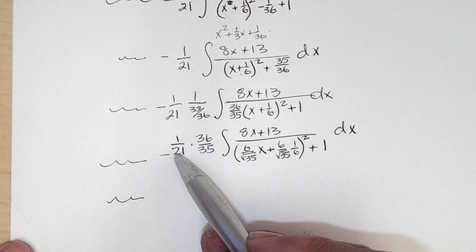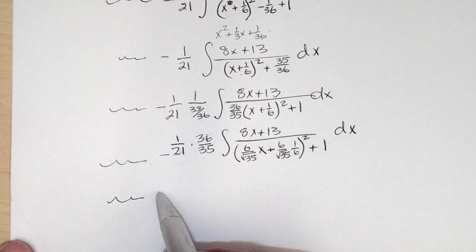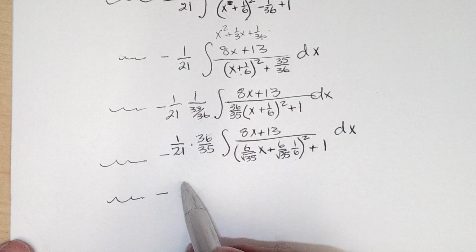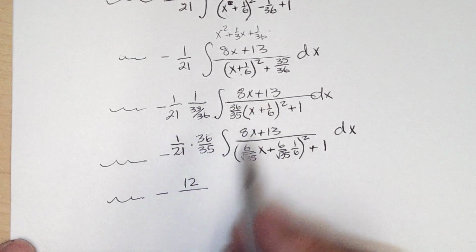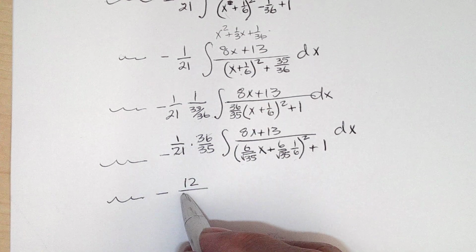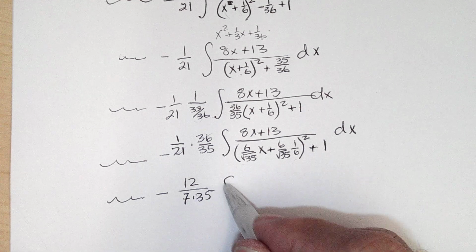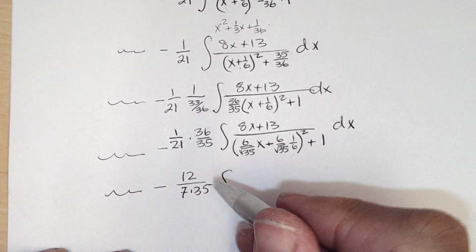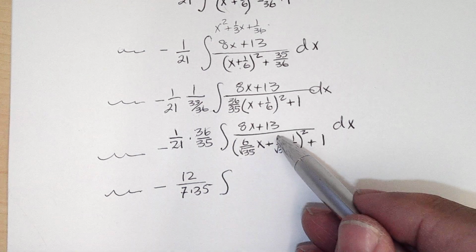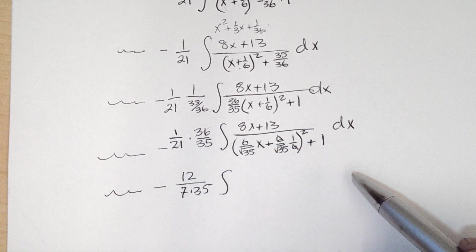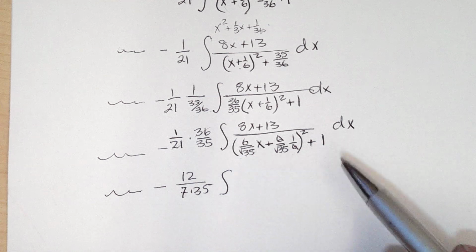See, 3 goes into this and into this, so I get minus 12 over 7 times 35. I don't know what that is. 7 times 35, I could figure it out, but I'm not going to worry about that for right now. I have this, and these 6's cancel here. So I have 1 over the square root of 35 and 6 over the square root of 35.